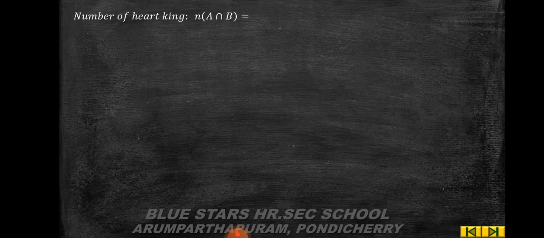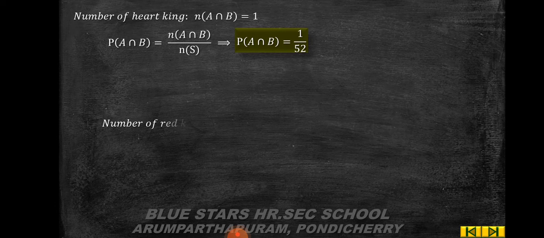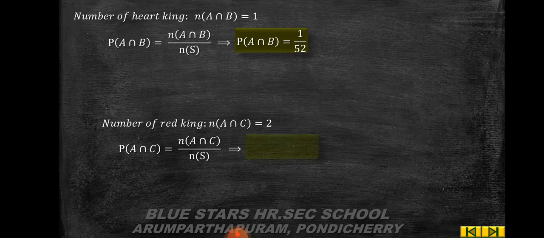Then the number of heart kings, that is N of A intersection B, is equal to 1. So P of A intersection B is equal to N of A intersection B by N of S, which implies P of A intersection B is equal to 1 by 52. Then the number of red kings, N of A intersection C, is equal to 2.